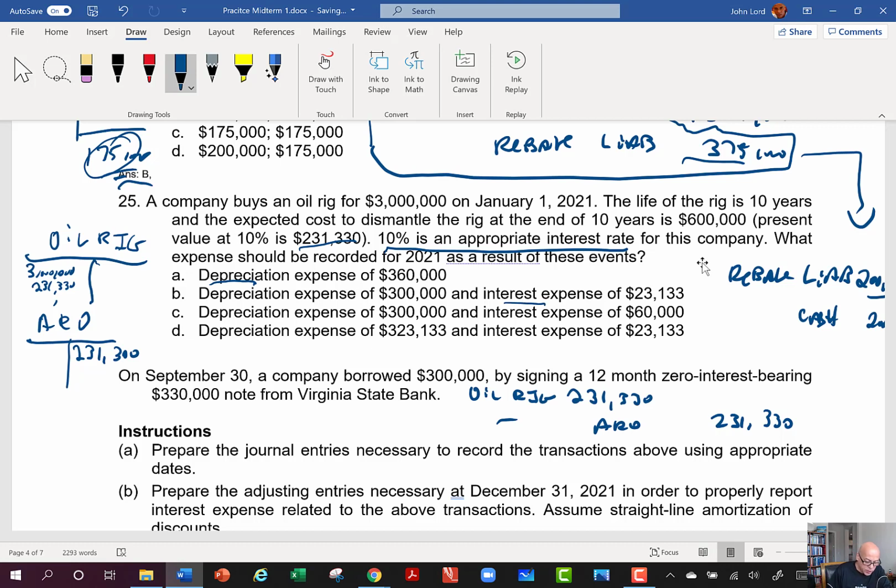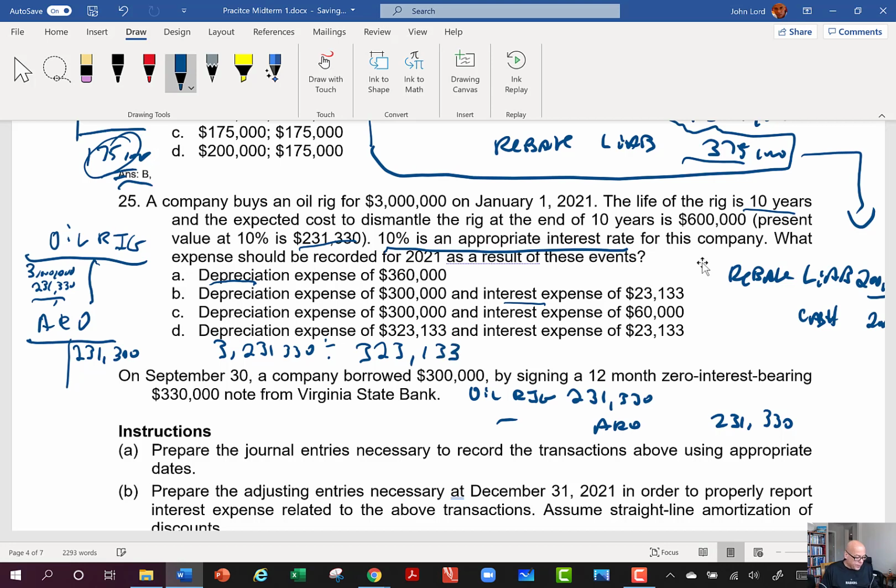Now, the depreciation is going to be based on this entire $3,231,330 that's sitting there in that asset account. They told me it's 10 years. I divide that by the 10 years, and 3,231,330 divided by 10 years gives me $323,133.